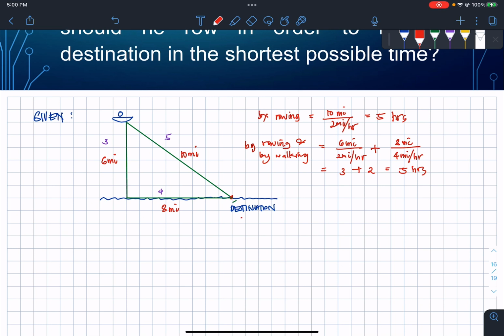So what I'm going to do is, for example, assume that this would be the distance that will be rowed by the man, and then from the end point of the yellow until the destination, that will be the part where he will walk.